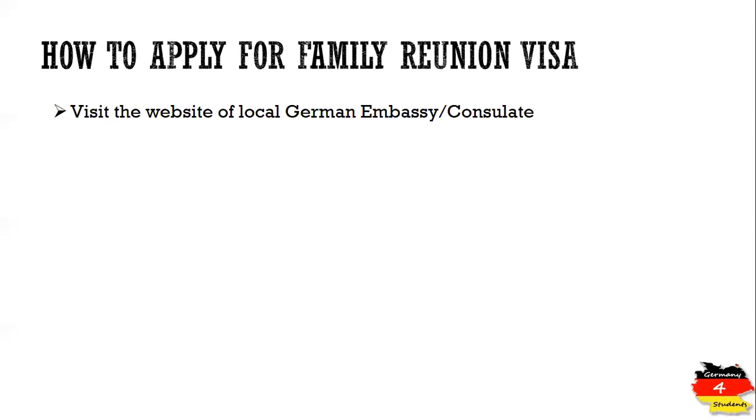The main thing that is required for family reunion visa is first to establish a proof or an evidence of marriage. And for this proof, there are certain documents which are required. Some countries require only the photographs.